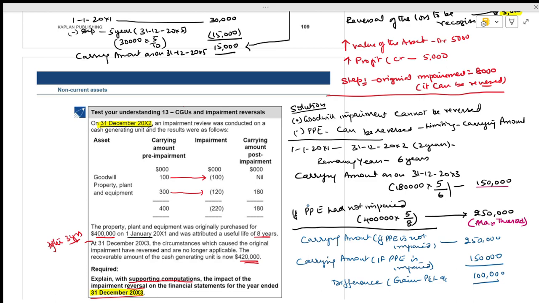Again, I will say this very simple one. See, very simple. They have given this. We cannot impair the goodwill. Keep goodwill aside. We have as on 31st December 180 for 1 year. See, if you take that also, it will be like that only. 180 divided by 6. It comes to 180 minus 30.